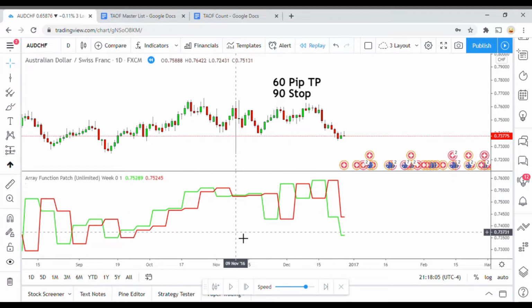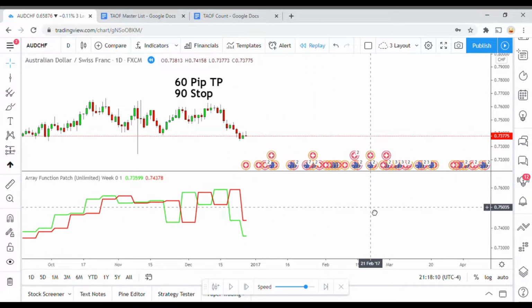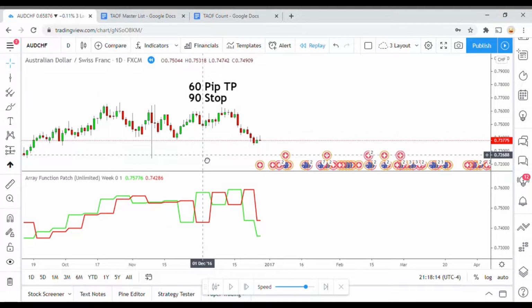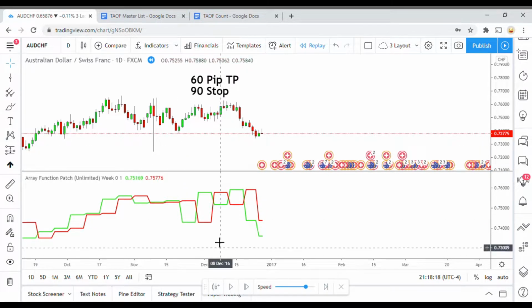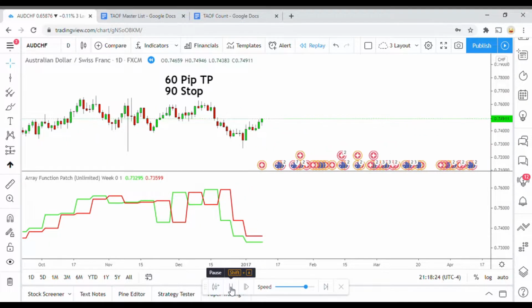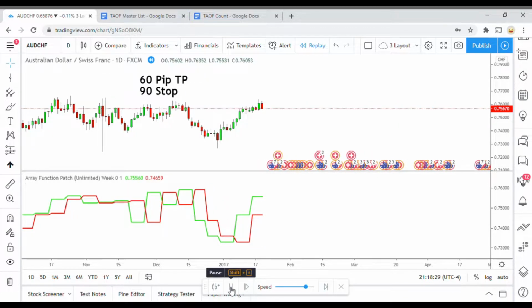We're basically just looking for the lines to crisscross, and then we are taking the appropriate signal that it's giving. So, with that being said, let's get on with the testing here and see what we can get out of this indicator.